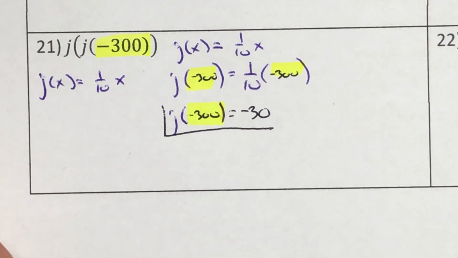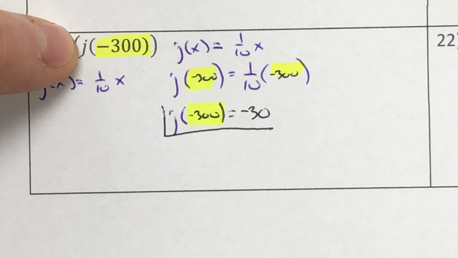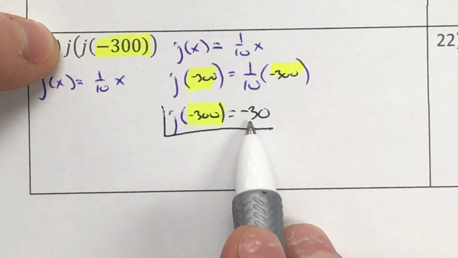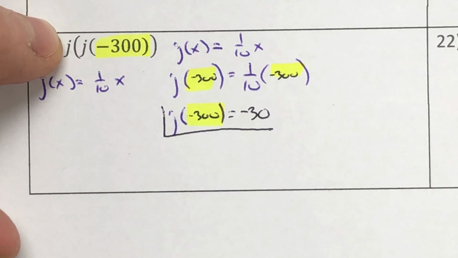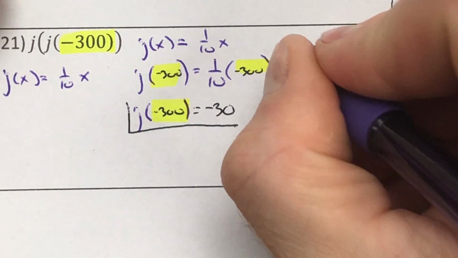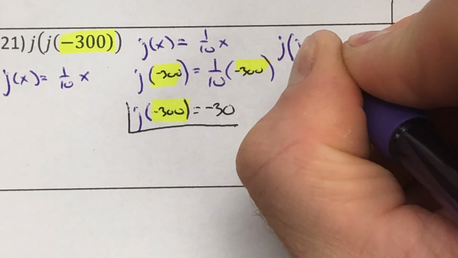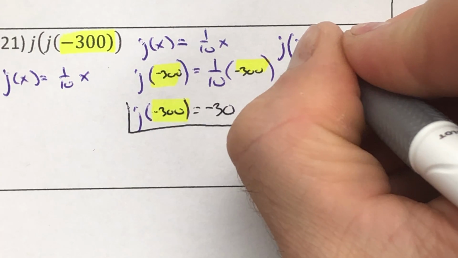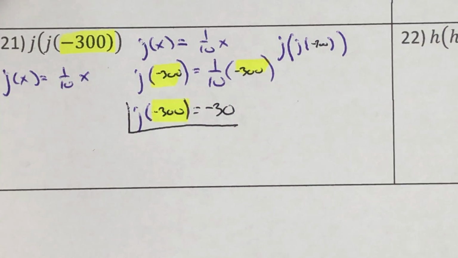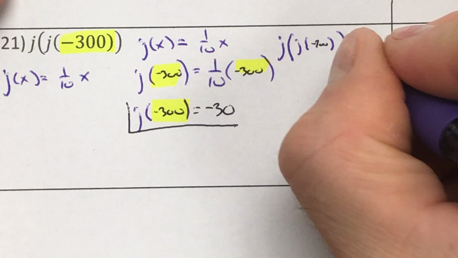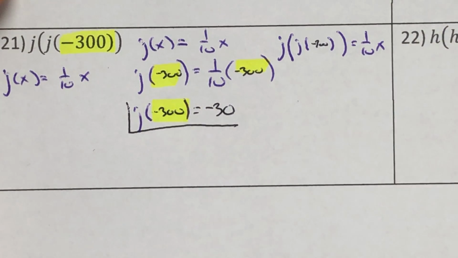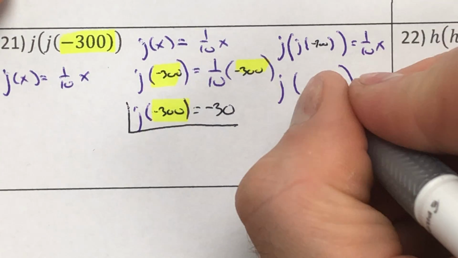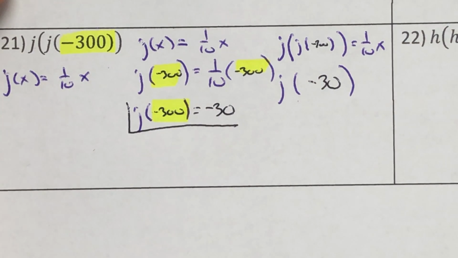Okay. But I'm not just doing it once. I am now taking my answer, which I just had for j of negative 300, and I'm plugging that into j a second time. So let's go ahead and redefine that. I say j of negative 300, and I'm plugging that into 1/10 of x. I know that that j is going to be a negative 30.